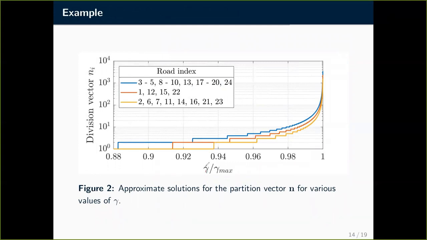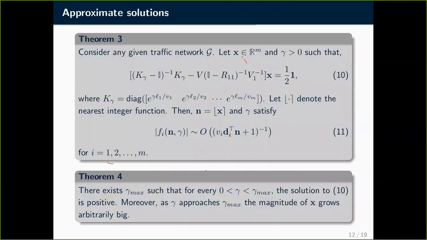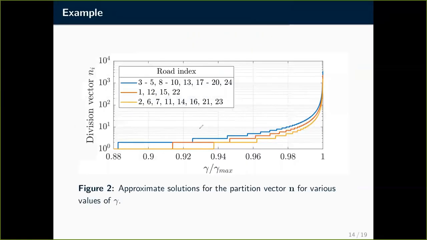We are going to try different values of gamma, from 88% to 100% of the maximum bound. And we see in this plot the solutions to this system of linear equations. This matrix depends on gamma, so by changing gamma, we get different solutions.